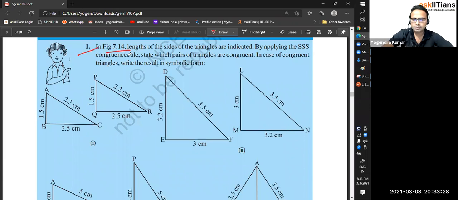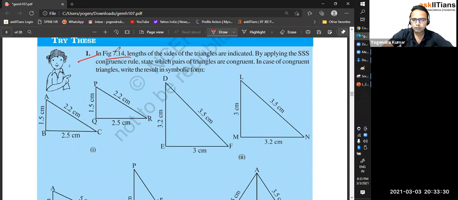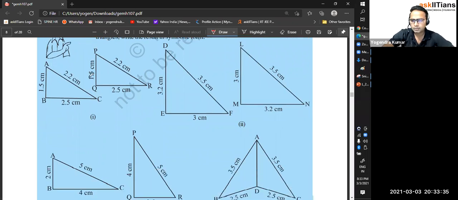Okay, this figure 7.14. Length of the sides: this is 1.5, this is 1.5, 2.2, 2.2, 2.5, 2.5. They are congruent, right? Here 3, 3, 3.5, 3.5, 3.2, 3.2, congruent by SSS, right?